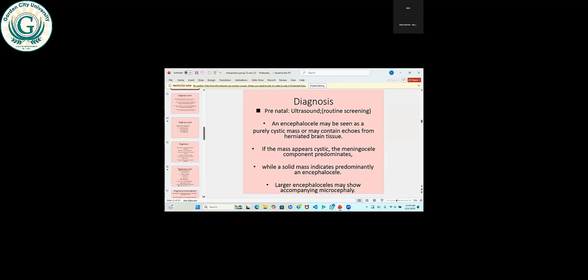If the mass appears cystic, the meningocele component predominates, and in that case we would diagnose it as meningocele and not encephalocele. And when you see a solid mass, it indicates encephalocele. Larger encephaloceles may show accompanying microcephaly. So the larger the protrusion or swelling is, the more likely it is accompanied by microcephaly.